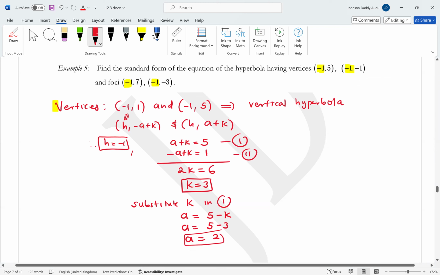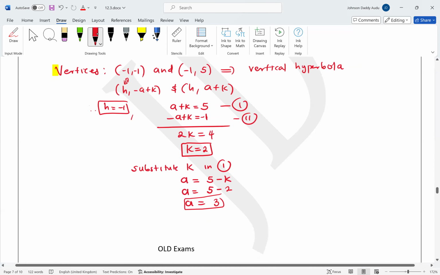Minus 1, minus 1. Okay, so this is minus 1 here, so this is going to be 4. And that means k is 2. If k is 2, then a is 3. All right. Now a is 3.